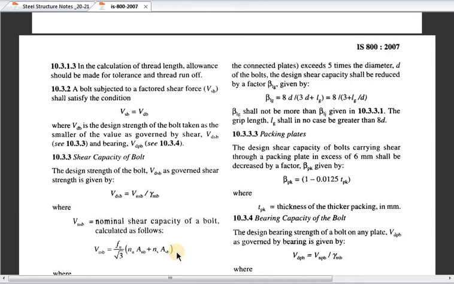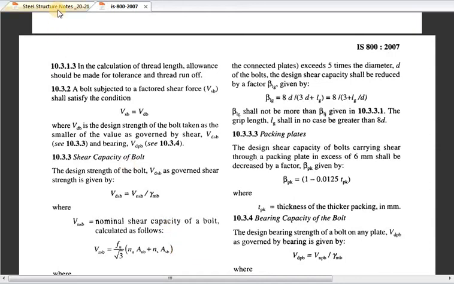Okay, so I am switching over to the problem, because the next problem is totally based on this concept. We are designing the number of bolts, finding the number of bolts, but we are using the concept of these three conditions, beta Lj, beta Lg and beta pk. These three terms are to be multiplied in this bracket, and these are the three conditions to be considered depending upon the problem's condition.